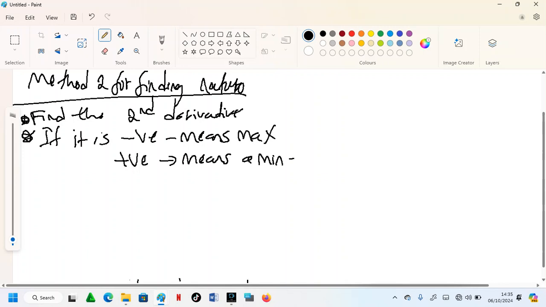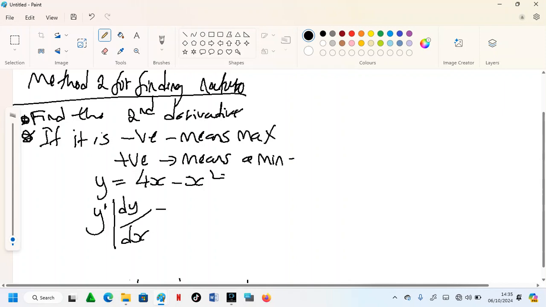Like for our case, our equation was y = 4x - x². The first derivative is simply dy/dx or y prime, right? You don't need to use both of them, you just need one. You either say y prime or you say dy/dx, which gave us 4 - 2x, right?